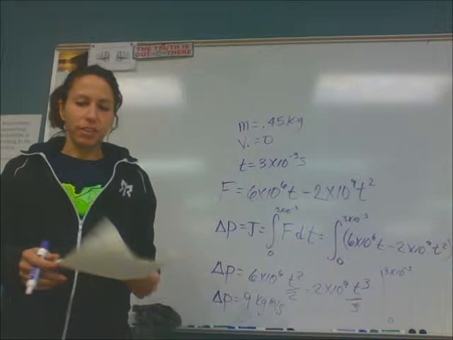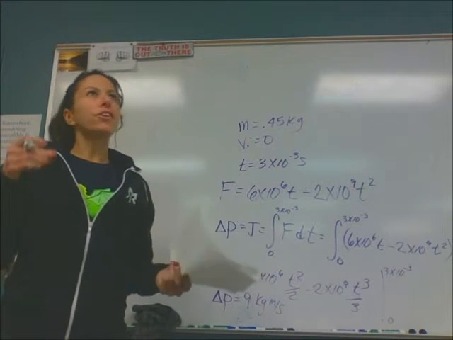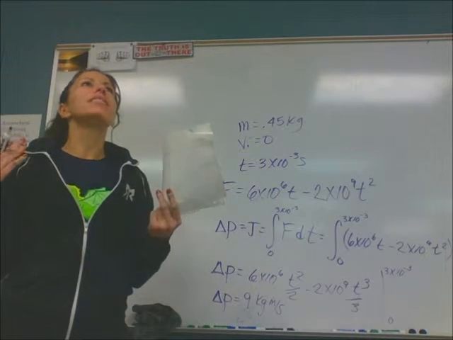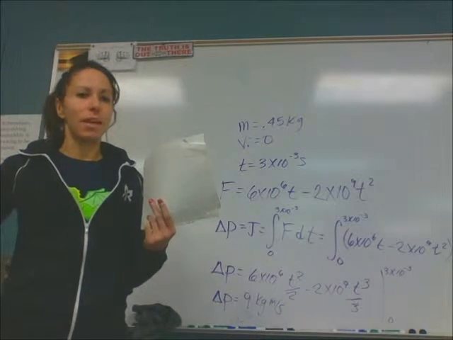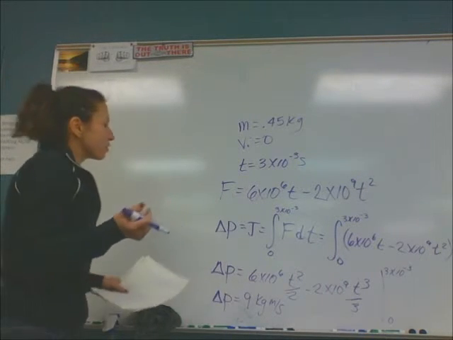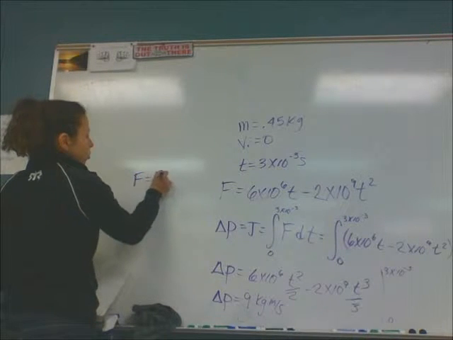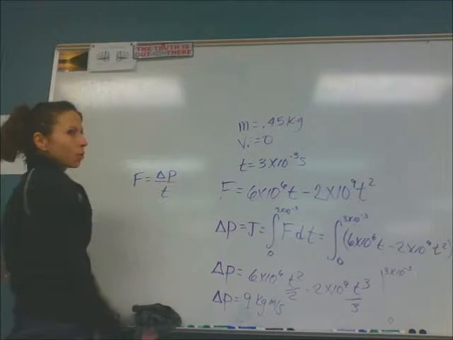Just like average velocity is total displacement over total time, and average acceleration is change in velocity over time, average force is change in momentum over time. It's the non-differential form of this equation that we learned yesterday.